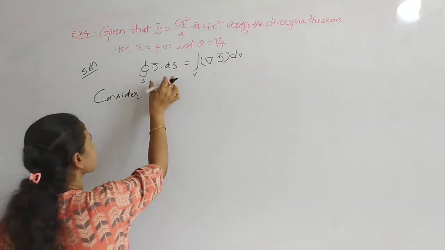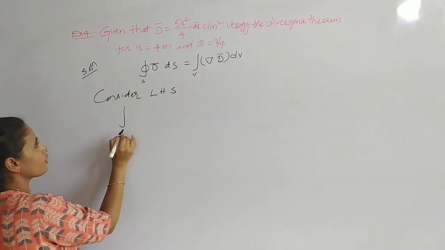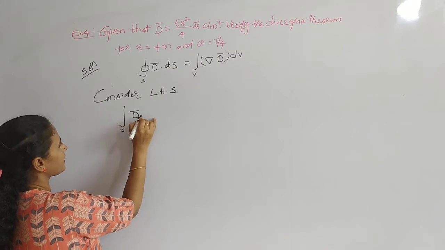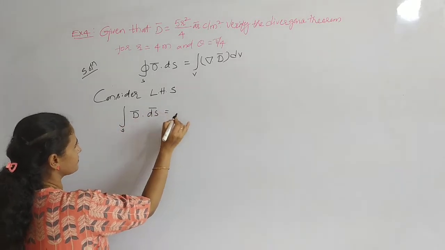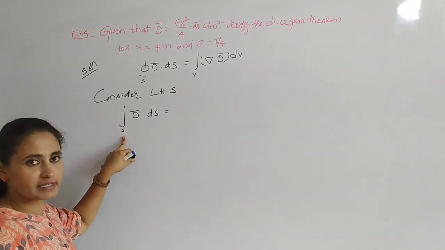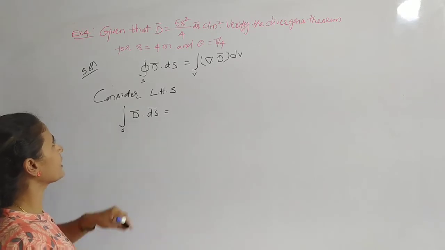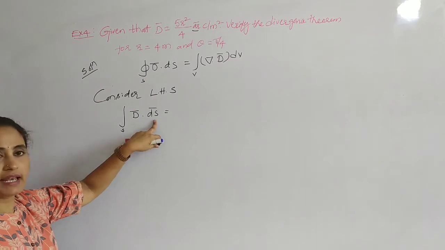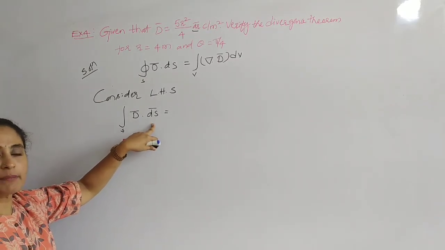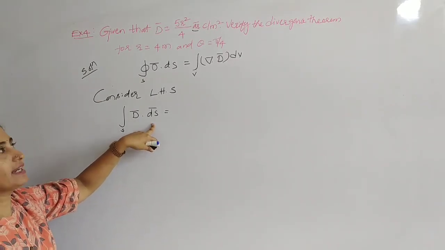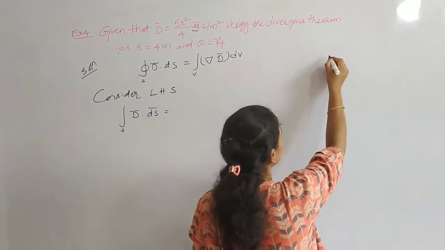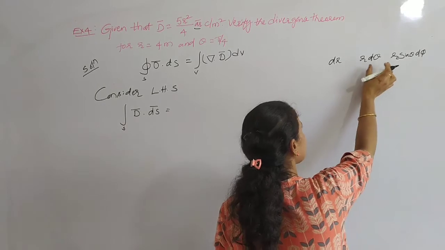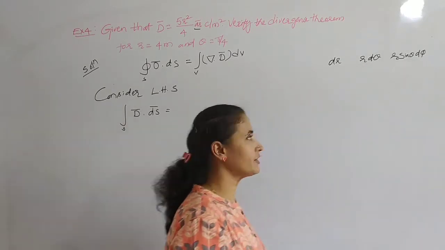The LHS part is over a closed surface, so the surface integral is D bar dot ds bar. Here we need the differential surface normal to r in the spherical coordinate system. The differential elements in the spherical coordinate system are dr, r d theta, r sin theta d phi.